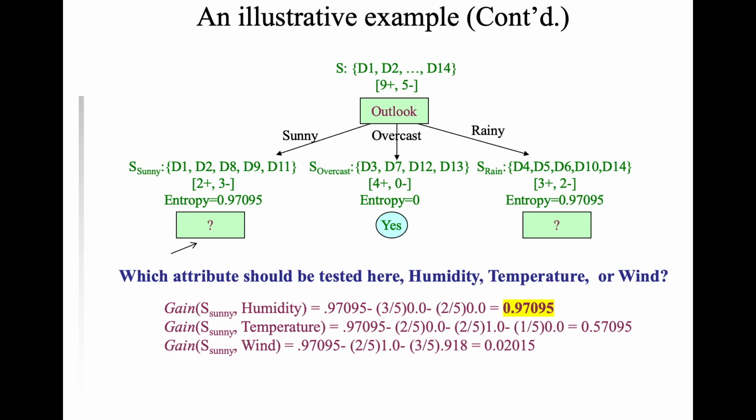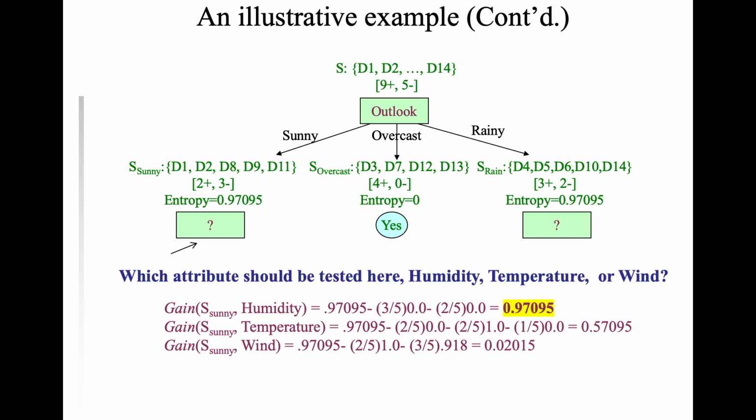S sunny here. So now because we are in the subset of S sunny, right? When we want to choose this, we know, for example, we are starting from here: overcast, rainy, sunny. So in order to choose this attribute, we have to calculate the information gain for each of these different features that we can have here.